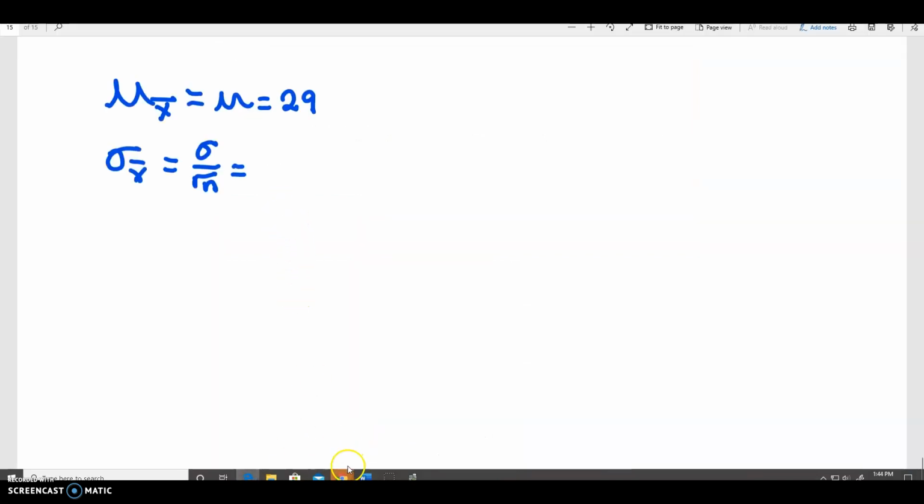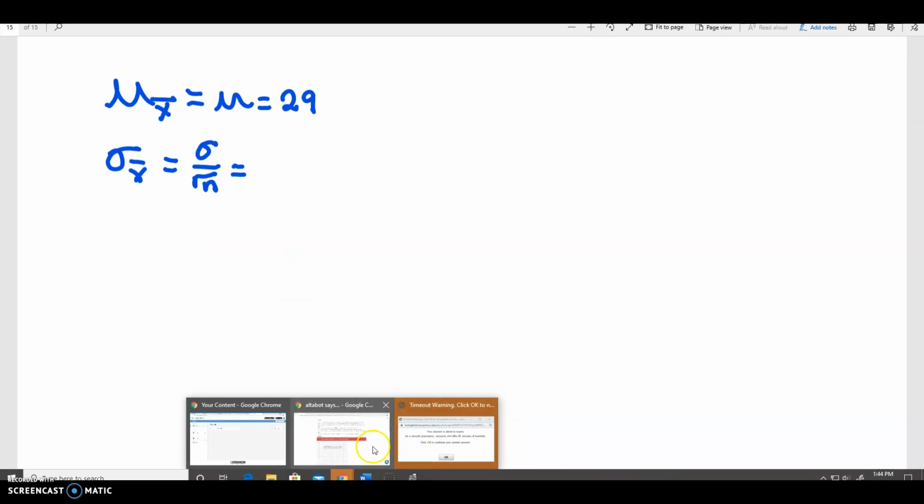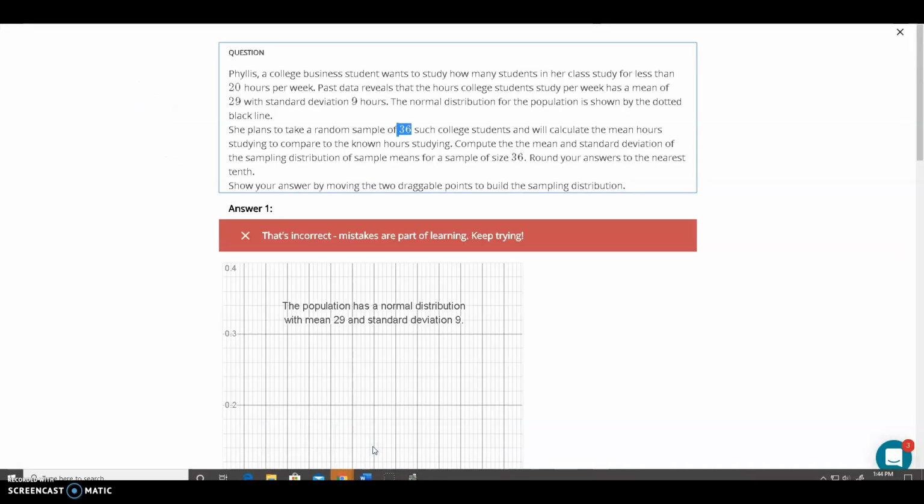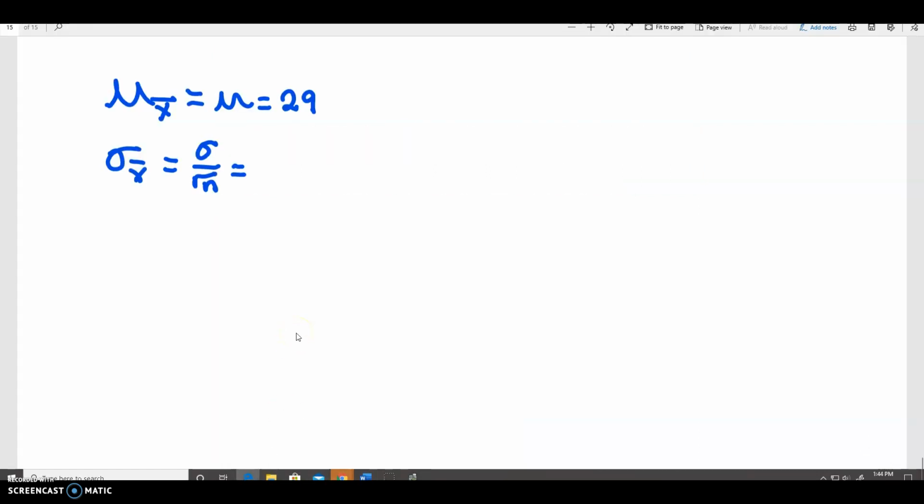Sigma in this case is equal to 9, and the sample size gives us the square root of 36.